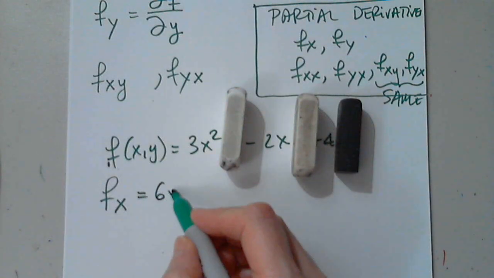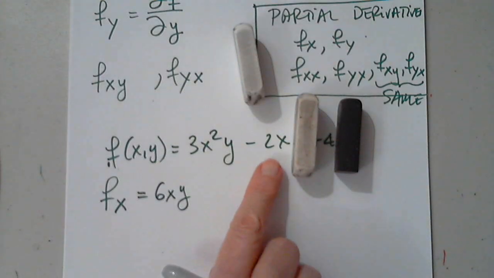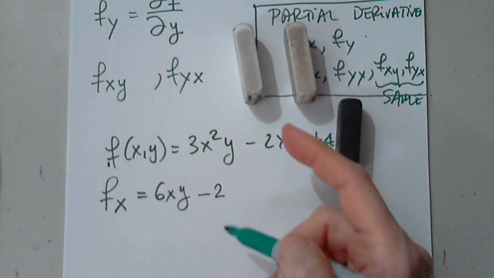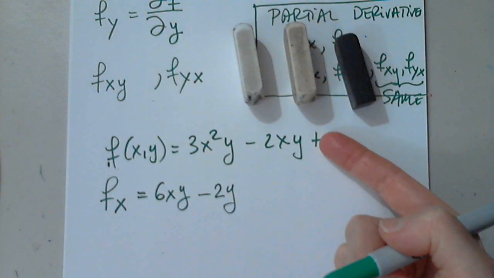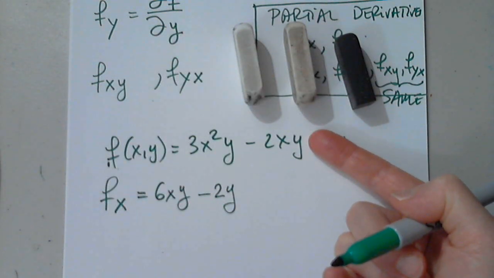So I have 6xy. I differentiate with respect to x. I get negative 2y. I differentiate with respect to x. There is no x. If there is no x, this is a constant. When I differentiate it, what do I get? 0. That's it.